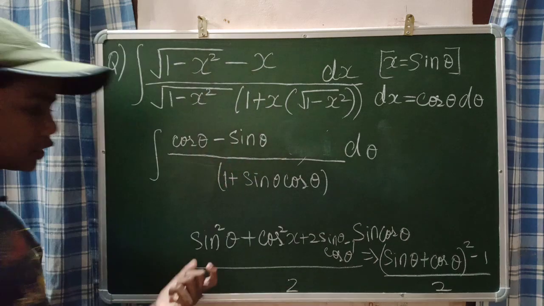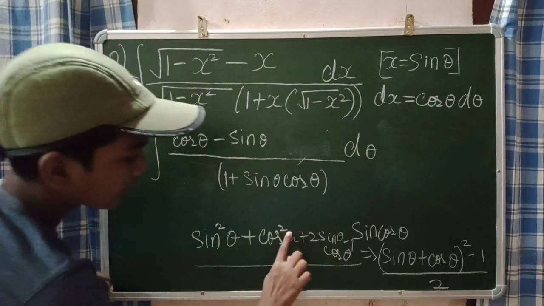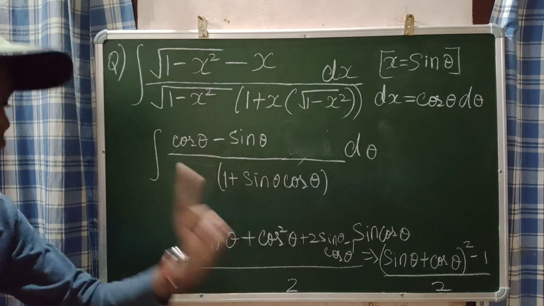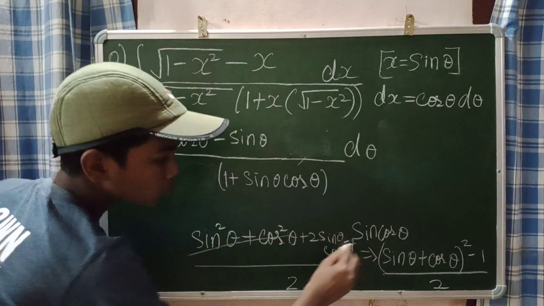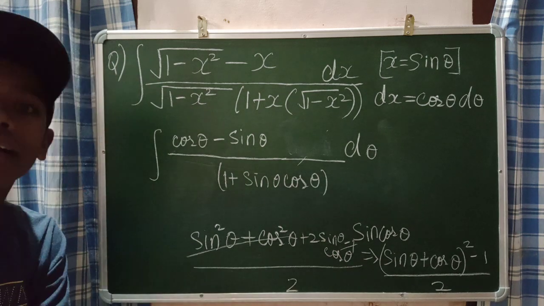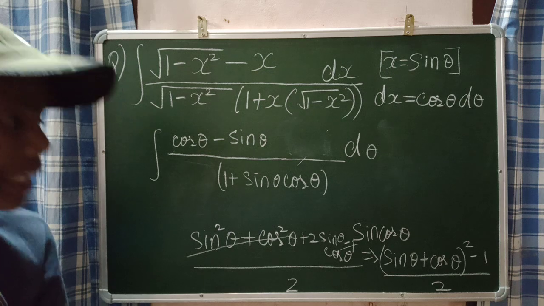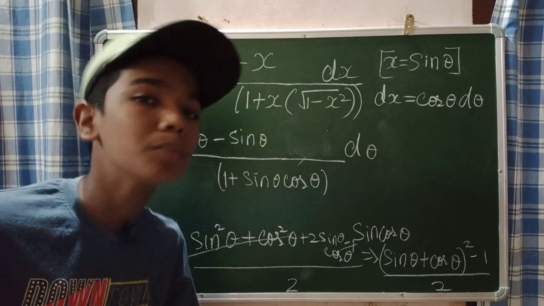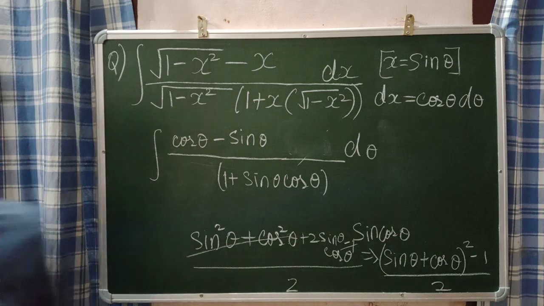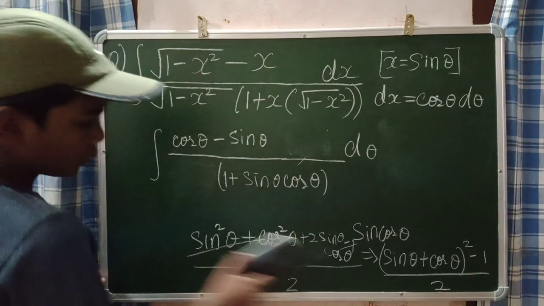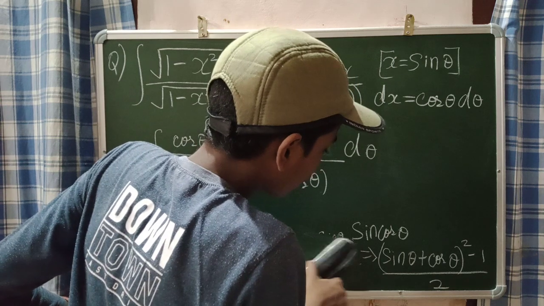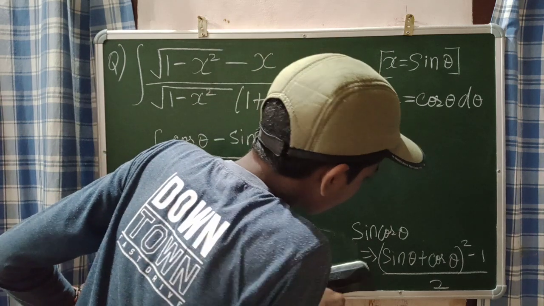Here sin square theta plus cos square theta is 1, so this 1 and the minus 1 will get cancelled. So 2 sin theta cos theta divided by 2 will be sin theta cos theta. That's how sin theta cos theta can be written as (sin theta plus cos theta) whole square minus 1 divided by 2. I hope that makes it clear. So now I have proved this.